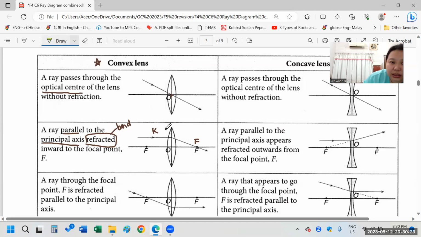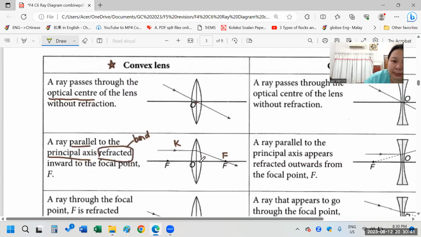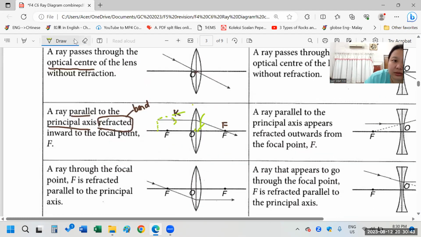So when the light ray is parallel to the principal axis, it's like a kotak. So KFC. I will call it K.